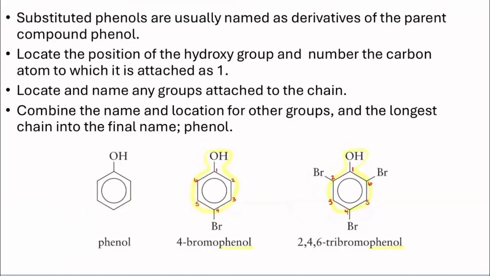The main thing to remember is that once you number carbon number 1 as the carbon that is holding the OH, you could go clockwise or counterclockwise, but the direction depends on the substituents in the ring, giving the lowest possible number.